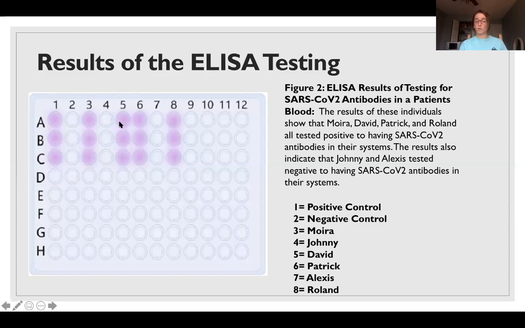We can see that 4 people this time tested positive for the antibodies, 3 of them being the same people who tested positive in the RT-PCR test, but now we see that at least one more person has had it in the past, because when these colors are bright like this, it means they tested positive for SARS-CoV-2 antibodies. And 2 people didn't test positive, which can either mean they don't have the virus at all, or that their body isn't far enough along in its fight with COVID that the antibodies show up in their blood yet.